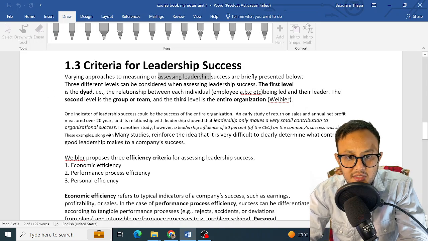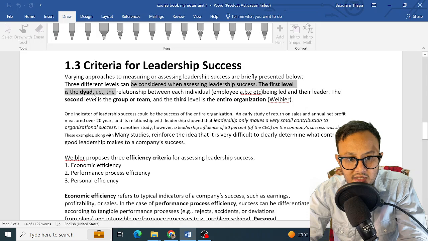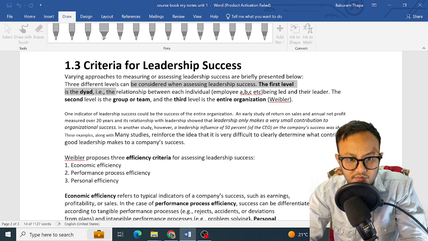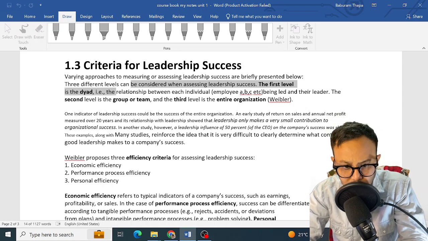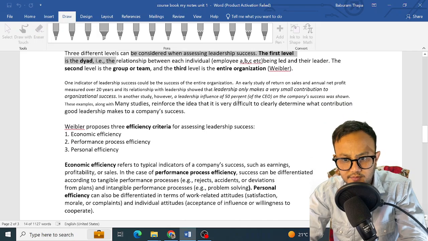Three different levels can be considered when assessing leadership success. The first level is the dyad, that is the relationship between each individual, right? Employee A, employee B, etc., being led and their leader. So the first level is dyad. The second level is the group or team, and the third level is the entire organization, right?